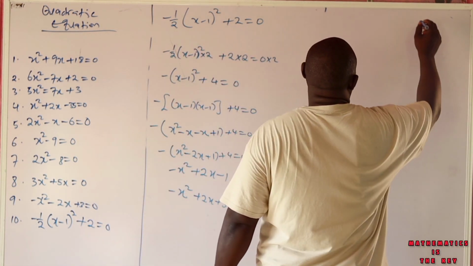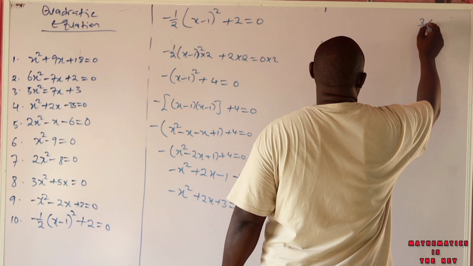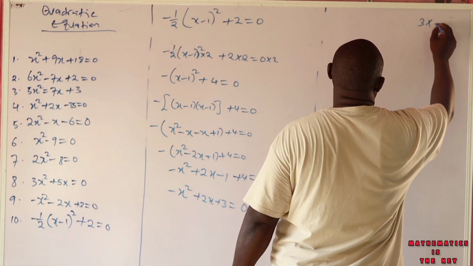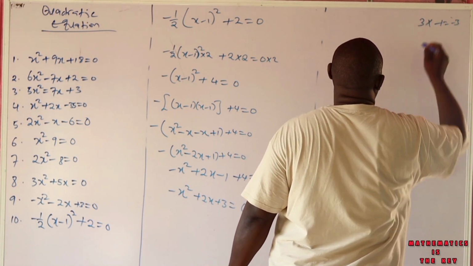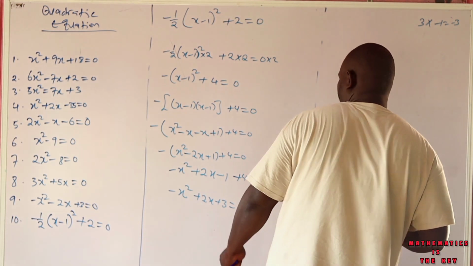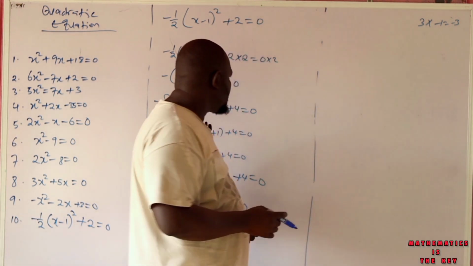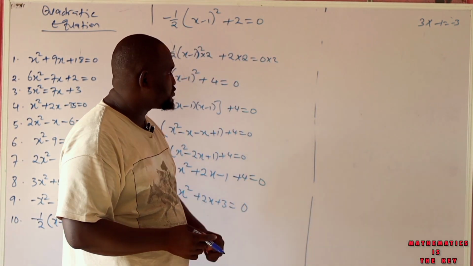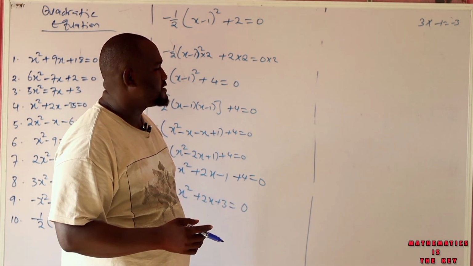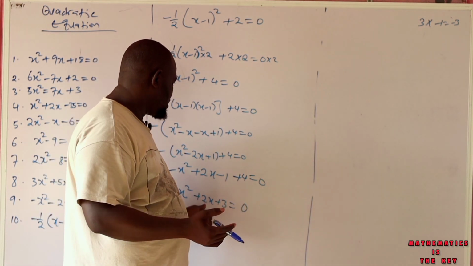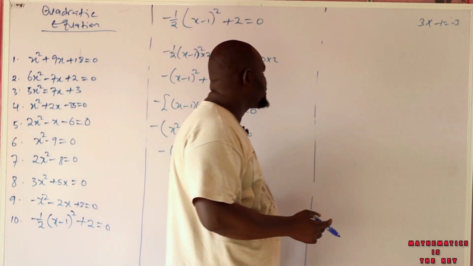The constant term, which is 3, multiplied by the coefficient of x squared, which is minus 1, gives minus 3. So we need two numbers that multiply to give minus 3 and add to give plus 2. The numbers are one negative and one positive, and the larger number will be the positive.